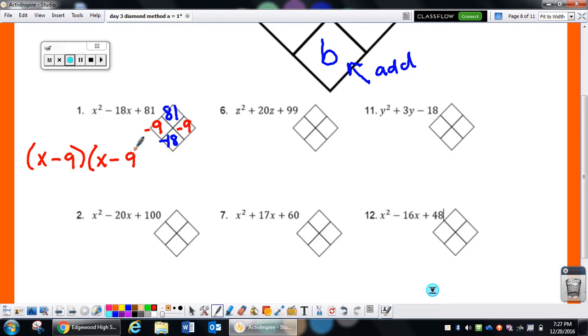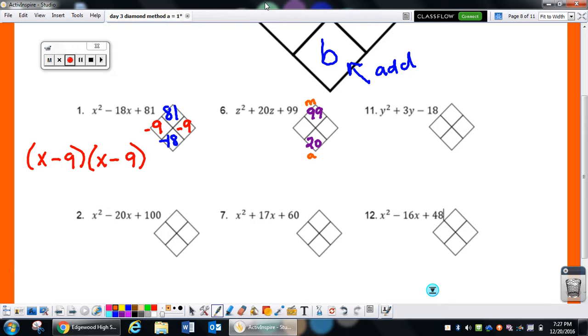Now, some of you might be able to factor without setting up the diamond. That's totally fine. The diamond is just there to help you kind of organize your thoughts. So say we do this one, 99, we have to multiply to 99 and add to 20. So if you need to put like a little m for multiply, a for add, whatever works for you.